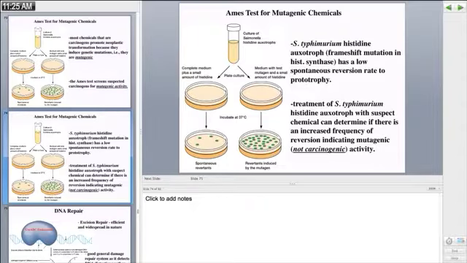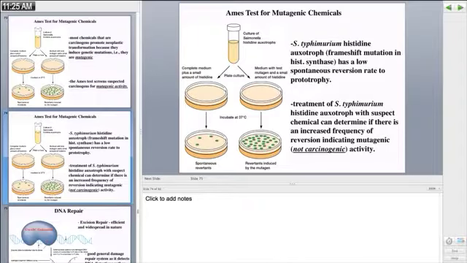So the Ames test actually has another step to it that's not really outlined in this simple cartoon, in which you would take that same test chemical and treat it with an extract from rat livers, and then take that treated form of the chemical and add it to a media to see if it would cause an increased mutational rate. So it's a very elegant test to initially screen chemicals.